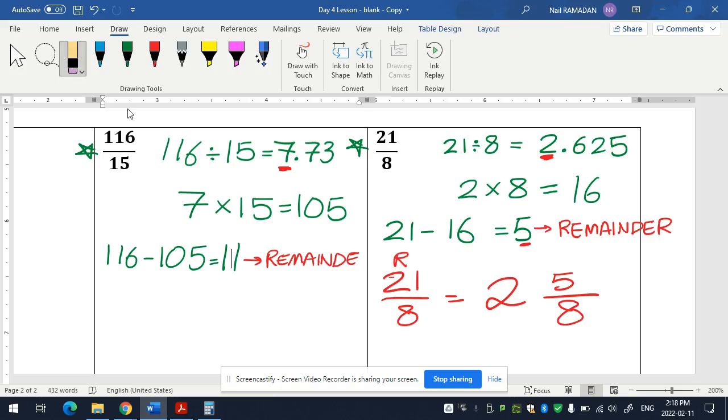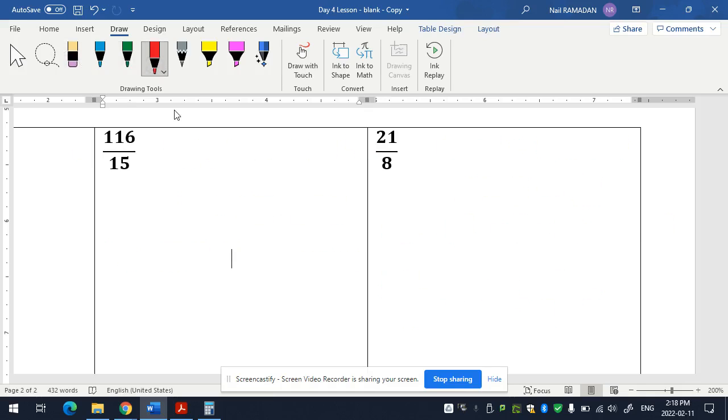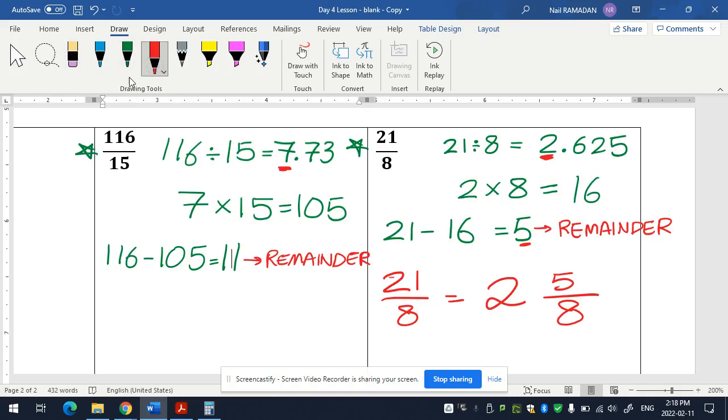So the final answer is 116 divided by 15. How much does each person get? 7. And how much do you get to keep? You got it. 11 over 15.